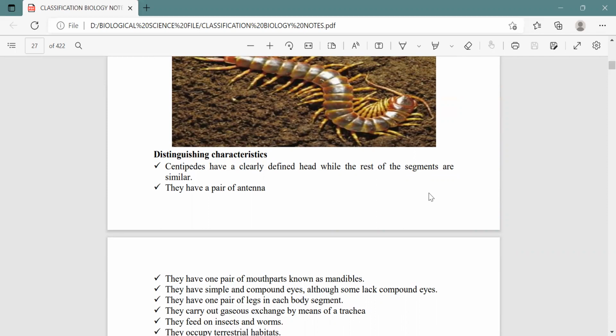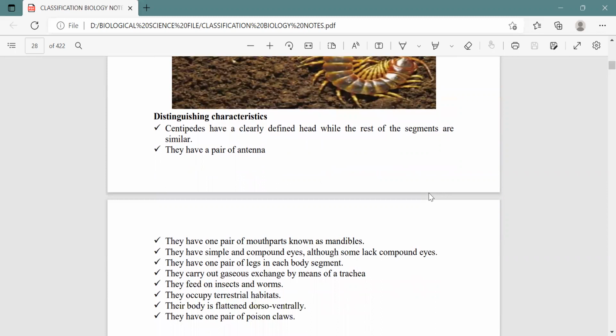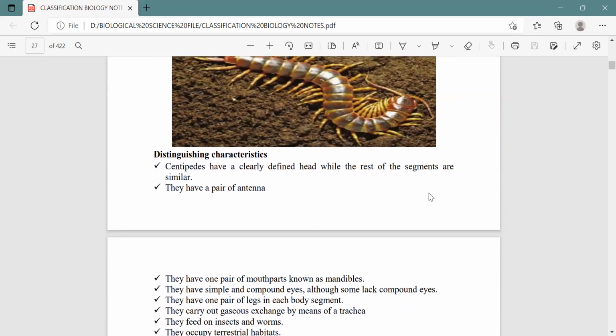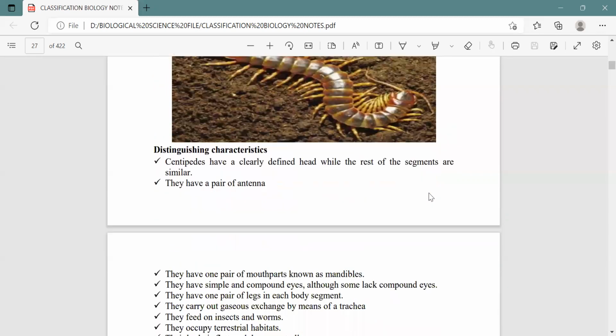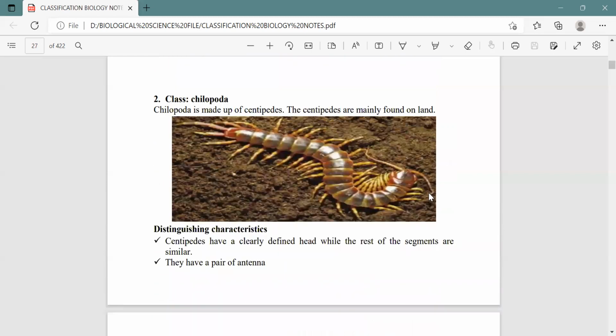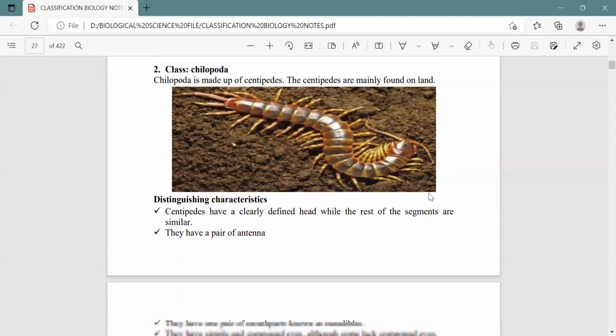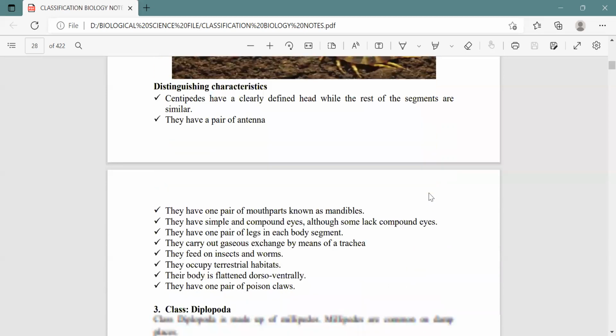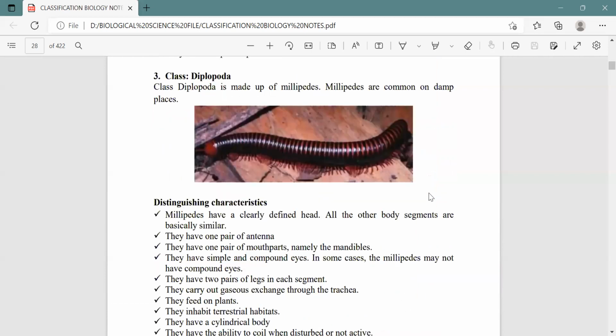They carry out gas exchange using a trachea. They feed on insects and worms. A dorsoventrally flattened body, and they have 1 pair of poisonous claws, meaning these centipedes, which we call cigar, should be avoided by children and by adults. Others just kill them, but just avoid them, because we learn to conserve living organisms, not to kill them.